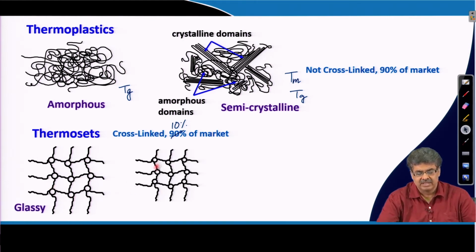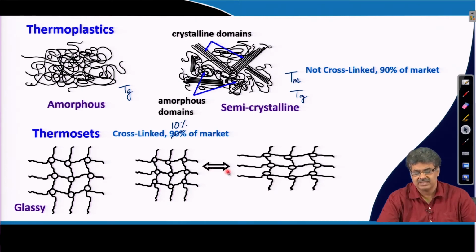If the temperature is above the glass transition temperature or Tg of this polymer, then these chains are flexible, so you can stretch it, and we call this elastomer. Hence, if you want to process a thermoset, the temperature needs to be higher than the Tg of the constituent material.